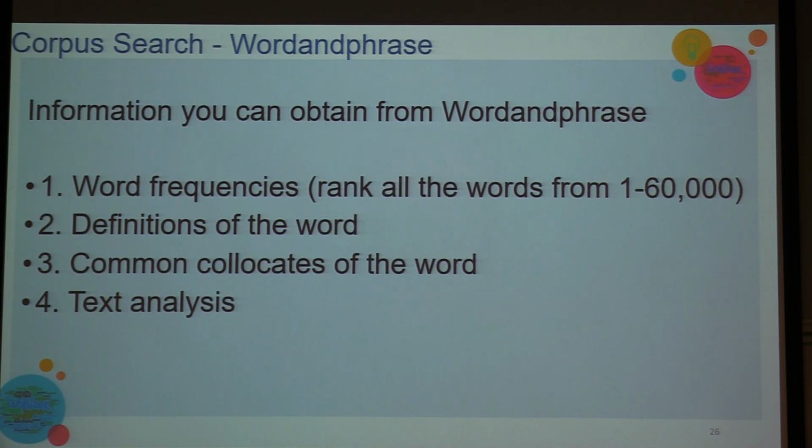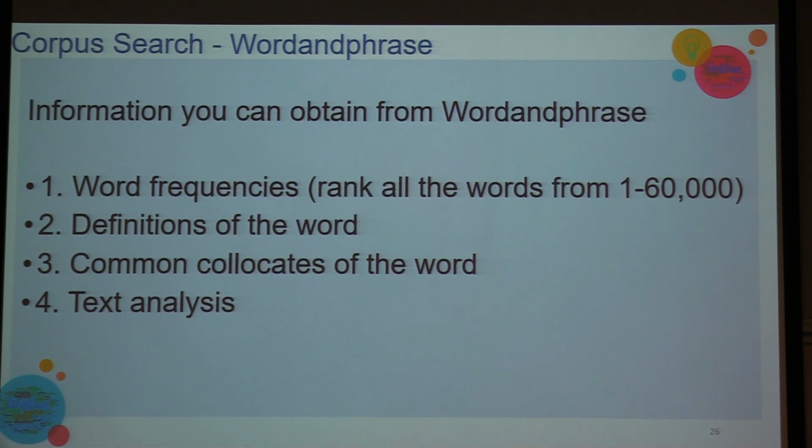Also, this website provides definitions of words, similar to what dictionaries would do. And the wonderful thing about this website is, particularly for weak learners, or learners who need a lot of help, that it can extract the common collocates of a word automatically.